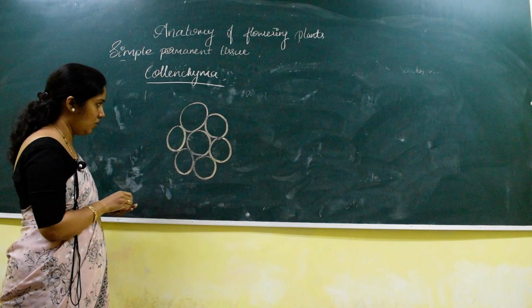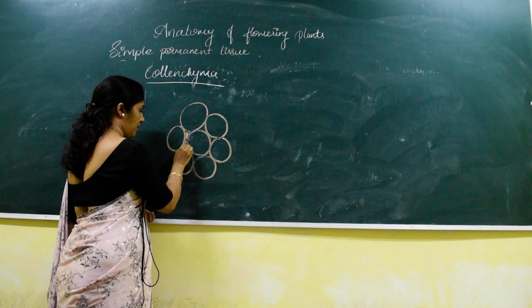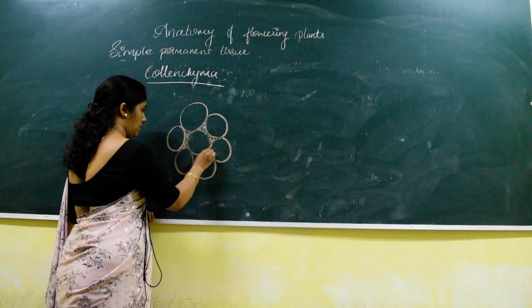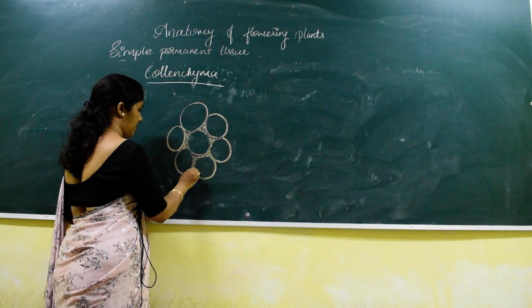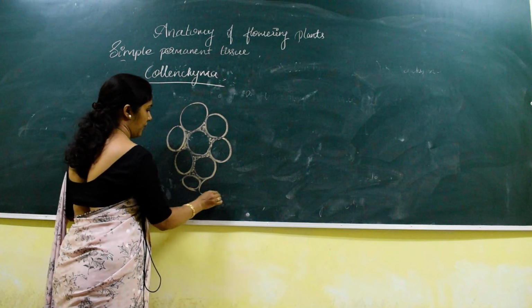So now this is a cell wall, and the cell wall here is very thick and we can't see any intercellular space. The intercellular space is completely absent due to the deposition of pectin.